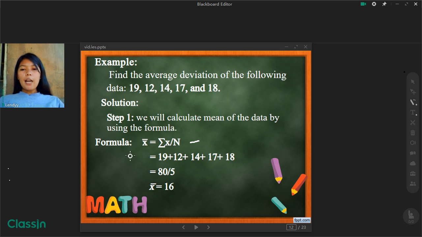In this formula, we simply add all the data values and divide by how many they are. We have 19 plus 12 plus 14 plus 17 plus 18 is equal to 80 divided by 5. Since there are 5 numbers, 1, 2, 3, 4, 5, this gives us a mean of 16.